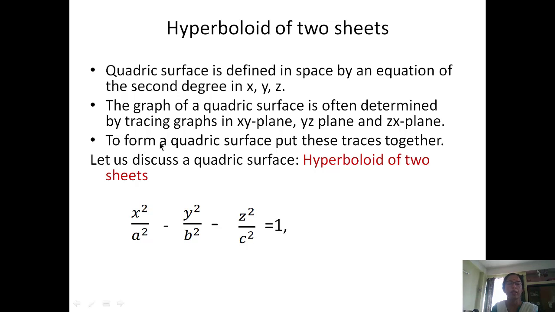To form a quadric surface, we have to put all these traces together. So let us discuss today a quadric surface, hyperboloid of two sheets, by using this type of equation, that is x square by a square minus y square by b square minus z square by c square equal to 1.